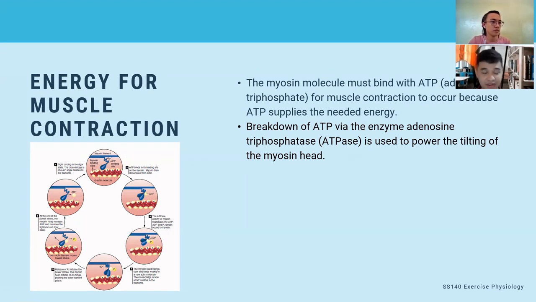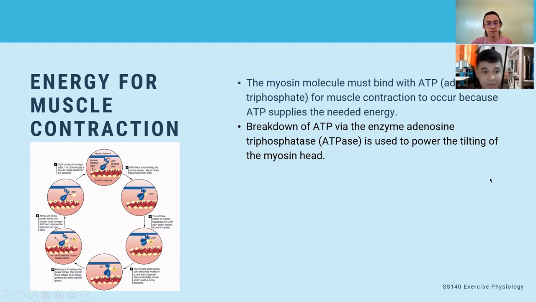The release of an inorganic phosphate helps trigger the mechanism of the movement of thin filament and thick filaments. And as you go along, it develops the sliding filament theory.